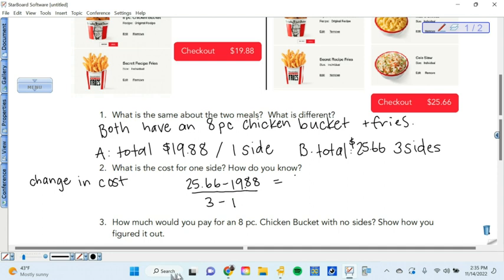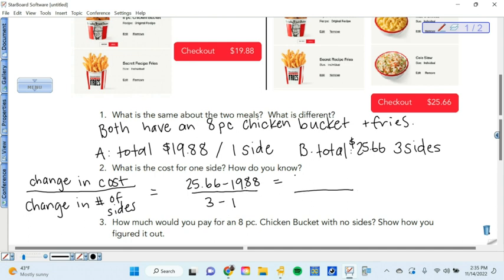3 minus 1? Yeah, so the way to figure out the unit rate, the rate per each side, is going to be the change in cost divided by the change in number of sides. Which, like we said, is 25.66 minus 19.88 divided by 3 minus 1.